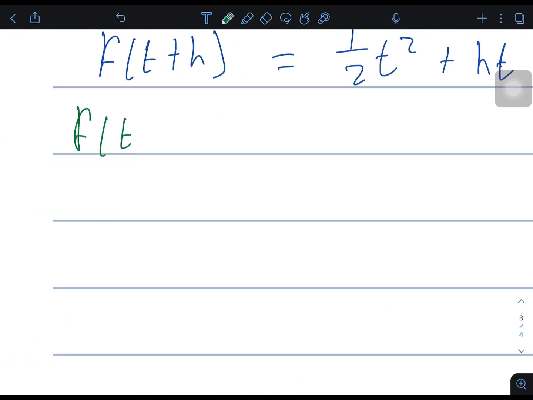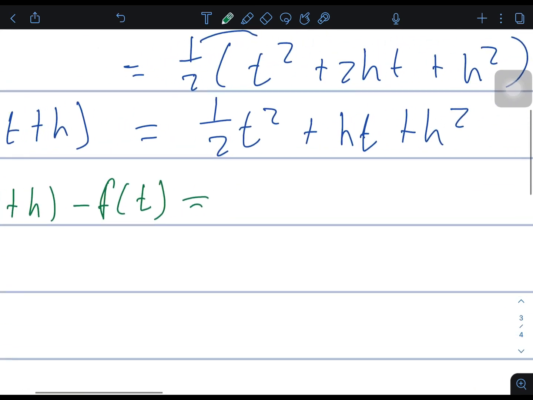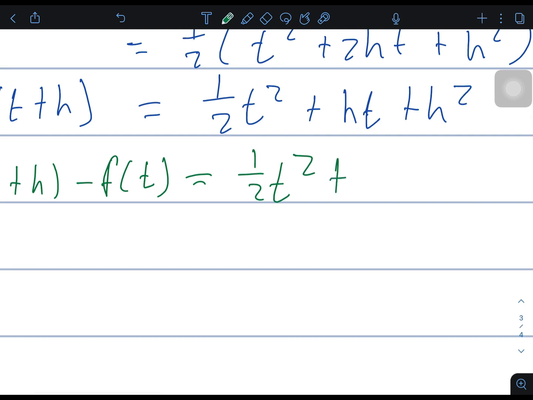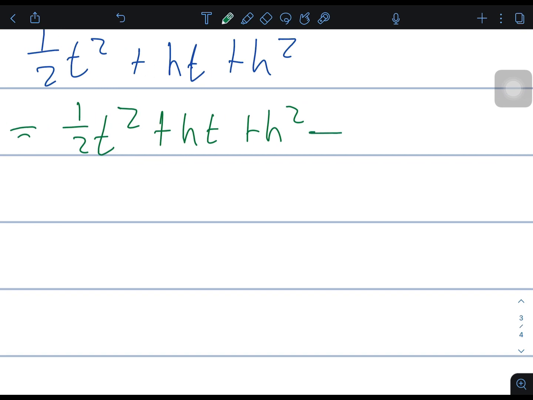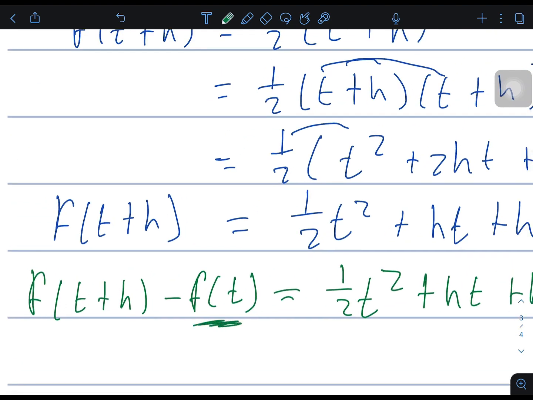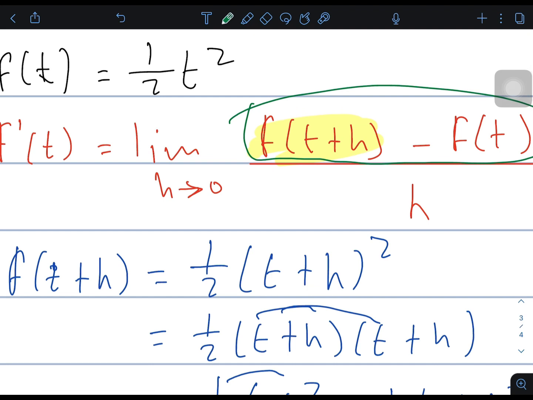f of t plus h minus f of t. Now that we found f of t plus h, we simplify and substitute: 1 over 2 t plus h squared minus... We don't need the bracket here because this is a monomial.